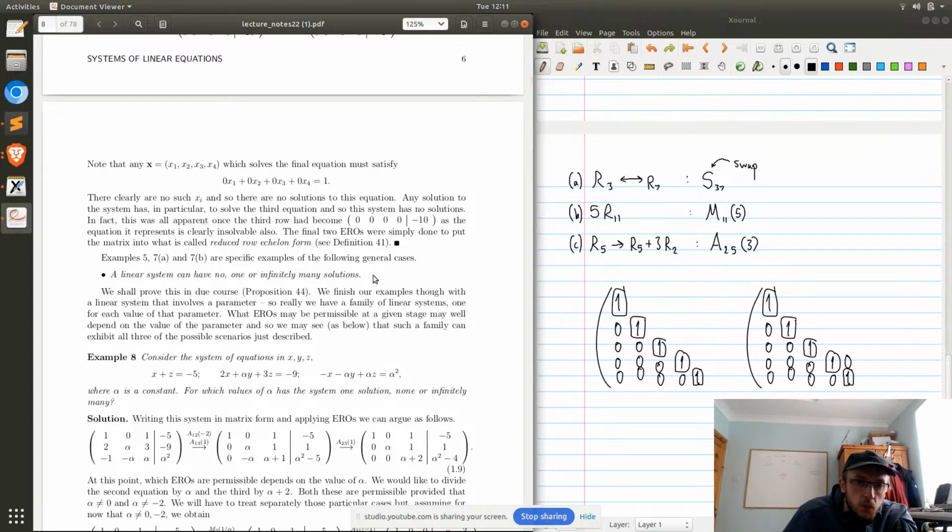So, really, we have a family of linear systems, one for each value of that parameter. What EROs may be permissible at a given stage may well depend on the value of the parameter, and so we may see, as below, that such a family can exhibit all 3 of the possible scenarios just described.